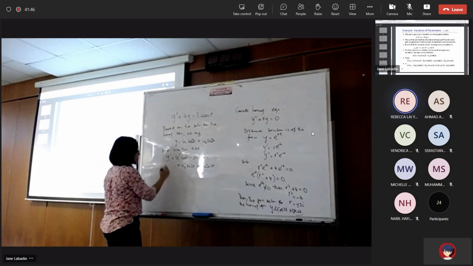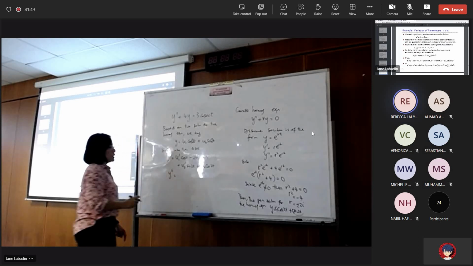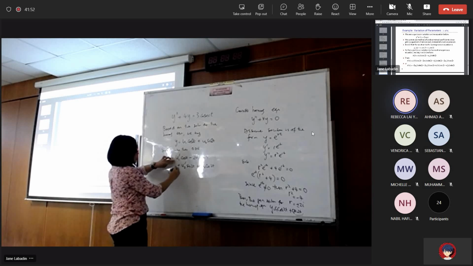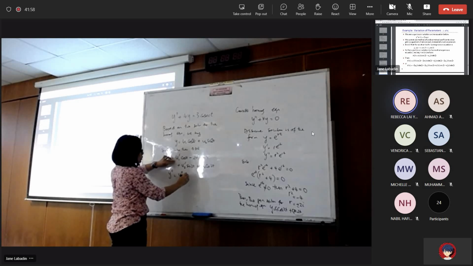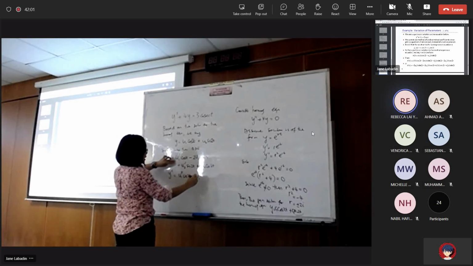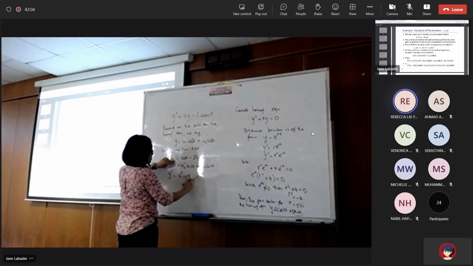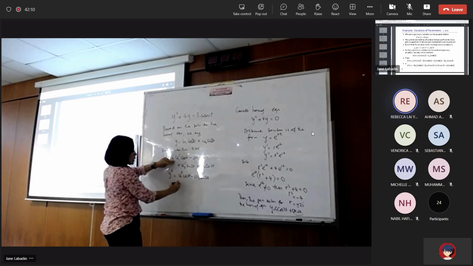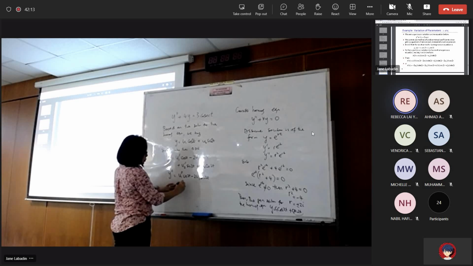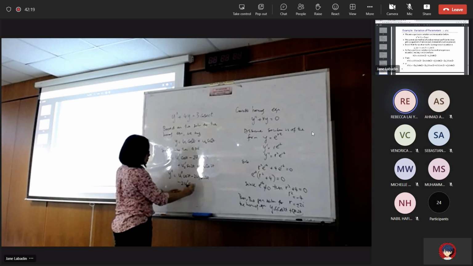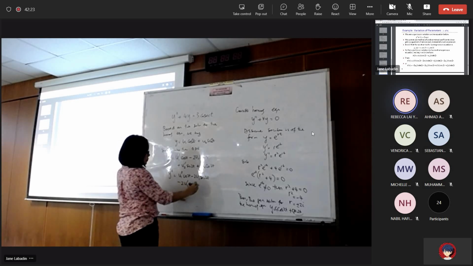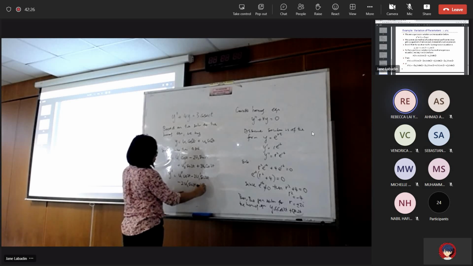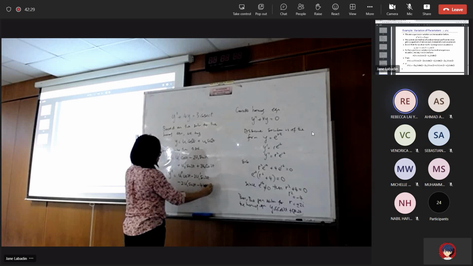That's y prime, and y double prime would be 8 terms. So we have u1 double prime cos 2t plus u1 prime times minus 2 sine 2t, minus 2u1 prime sine 2t, minus 4u1 cos 2t.